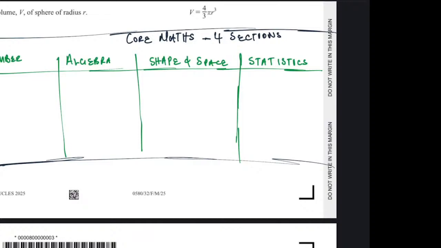Wait. Right. So here's the thing. Look at this. Most of the questions come from this section called number. Can you see it? Lefika?